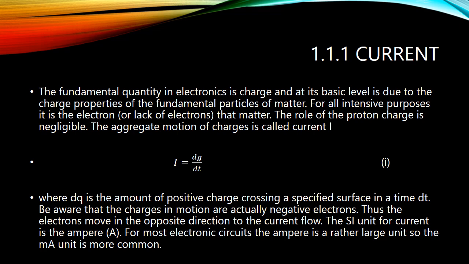The SI unit for measuring current is the ampere, given by A. For most electronic circuits, the ampere is rather a large unit, so we break it down to a smaller unit, the milliampere. M stands for milli, followed by the ampere unit, which is common.